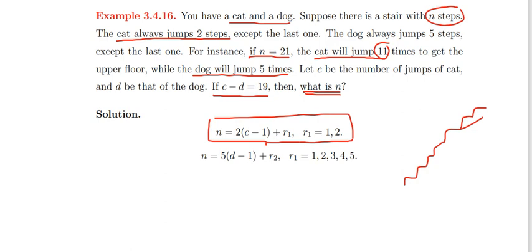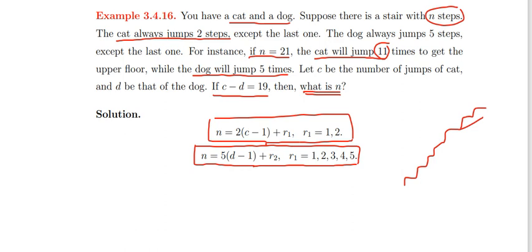For the dog, we can also write n equals 5 times (D minus 1) plus R2. The first D minus 1 jumps are each 5, plus the last one, which could be 1 up to 5.